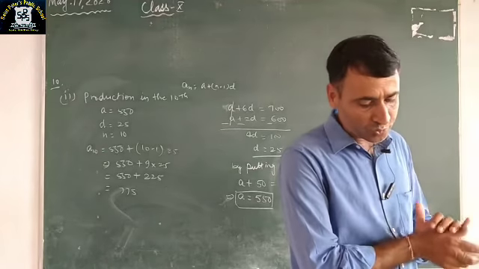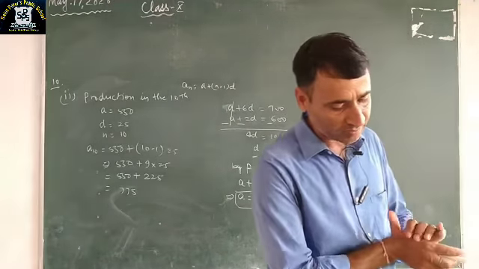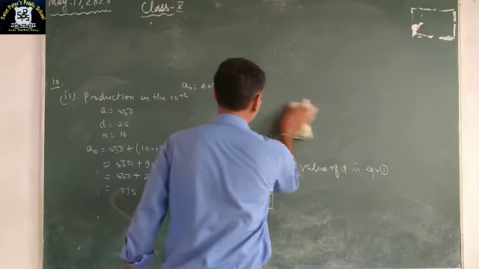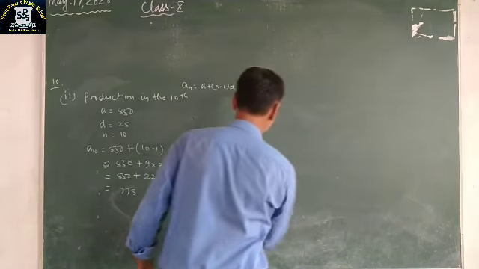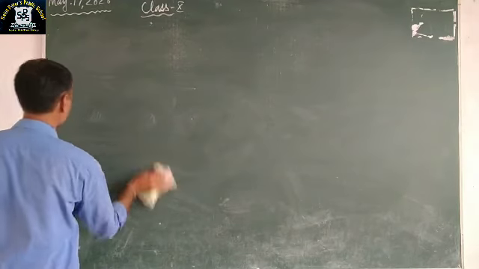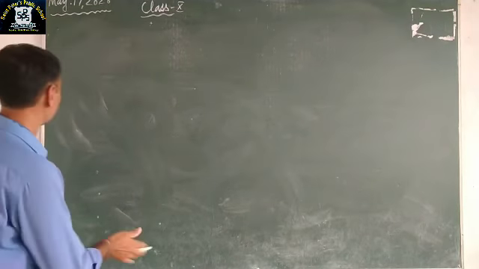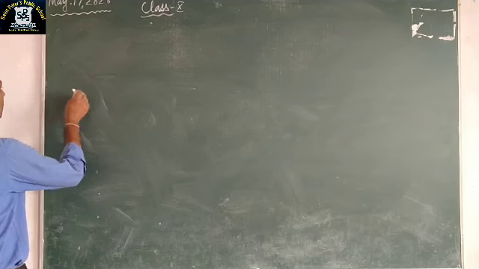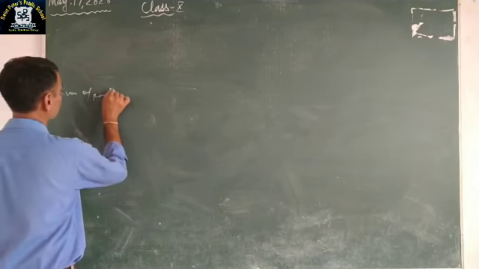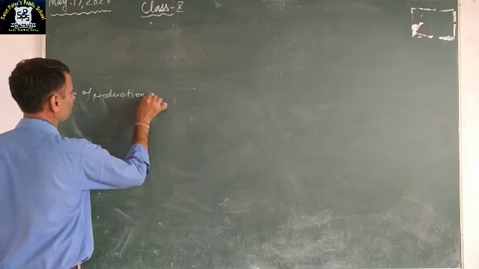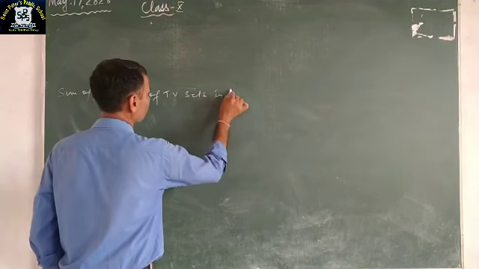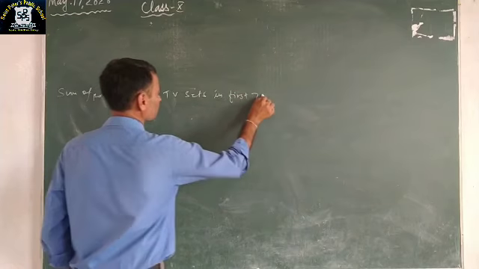The third part of this question asks the total production in the first 7 years. To find the total production of the first 7 years, we should apply the formula of the sum of production of TV sets in the first 7 years.